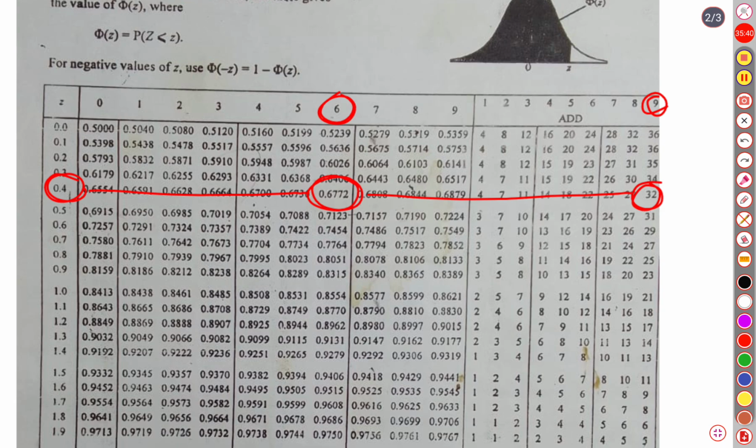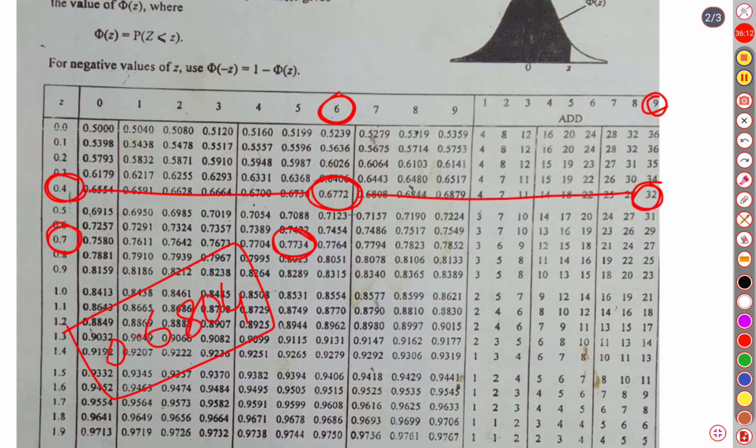So 0.6804 is the probability for the first z-score. Then for the second z-score, it was 0.75. Let us see where 0.75 is: the row is 0.7 and the column is 5, so this one, which is 0.7734.